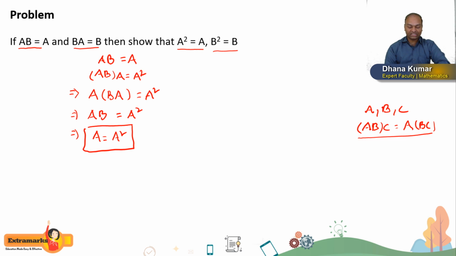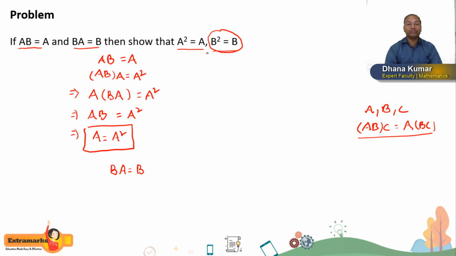Now let us come to the second condition, B square is equal to B. Right. Now here the same procedure as for proving A square is equal to A. First I took the condition AB is equal to A. For proving B square is equal to B, you take the second condition, that is BA is equal to B. Right.